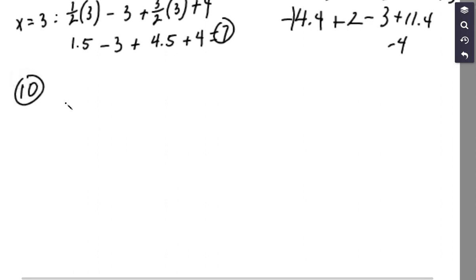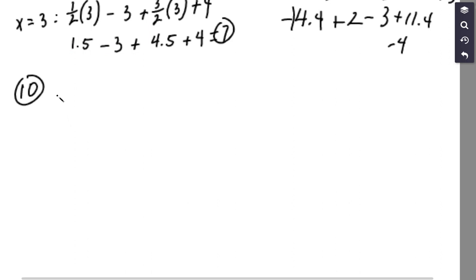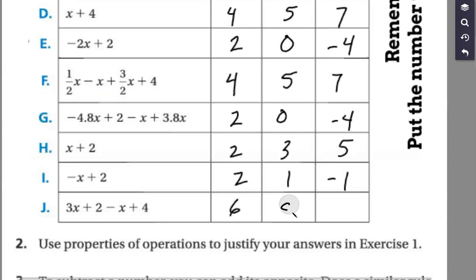So we're putting in 1. So that's 3 times 1 plus 2 minus 1 plus 4. All right, so 3 plus 2 is 5. 5 minus 1 is 4, and 4 plus 4 is 8. So this is going to be 8 right here.